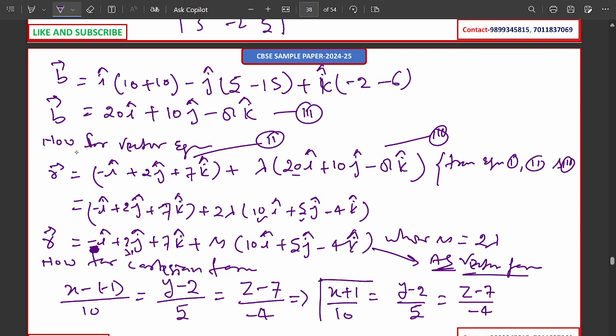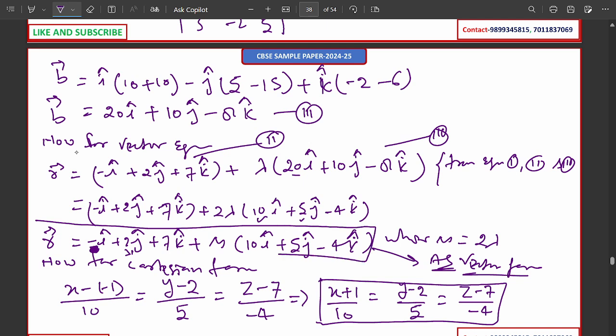This is the Cartesian form of this vector equation. So this is one answer, and this is another answer for this question.